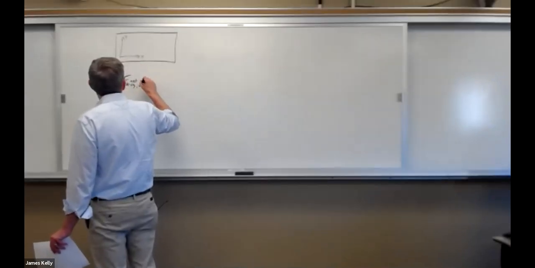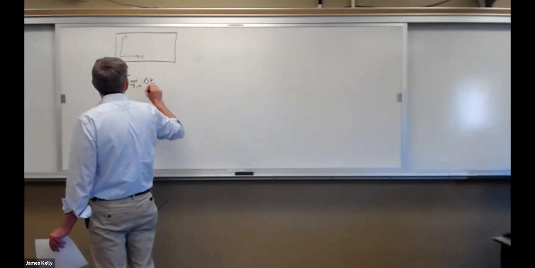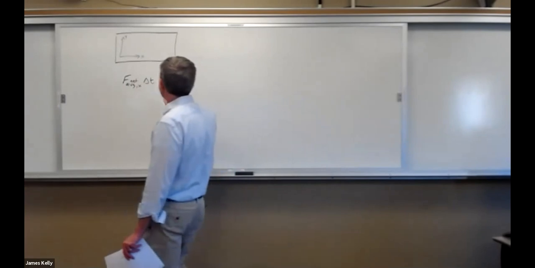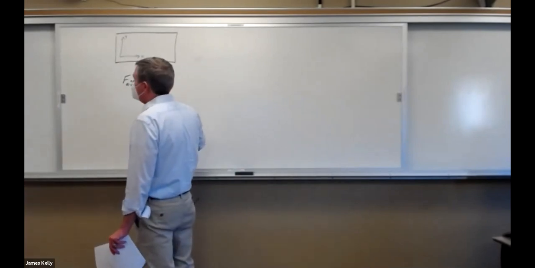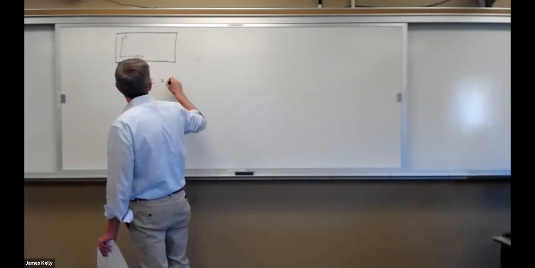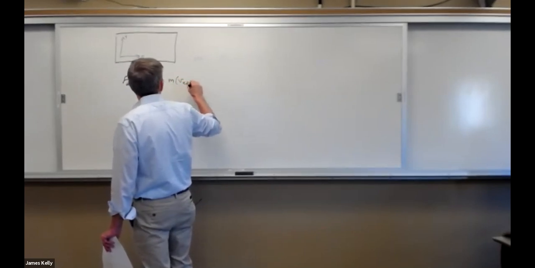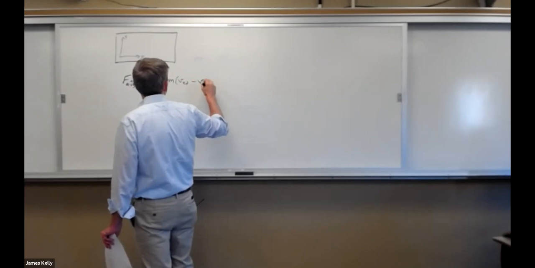Net force average times delta t, that's the X net impulse being applied to it, is equal to the change in momentum, m times Vx final minus Vx initial.